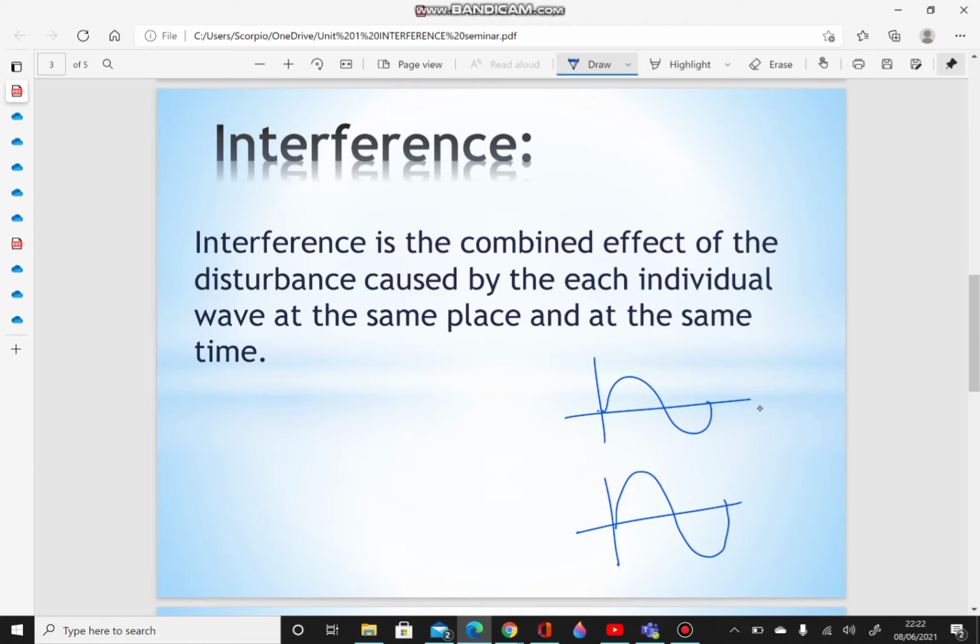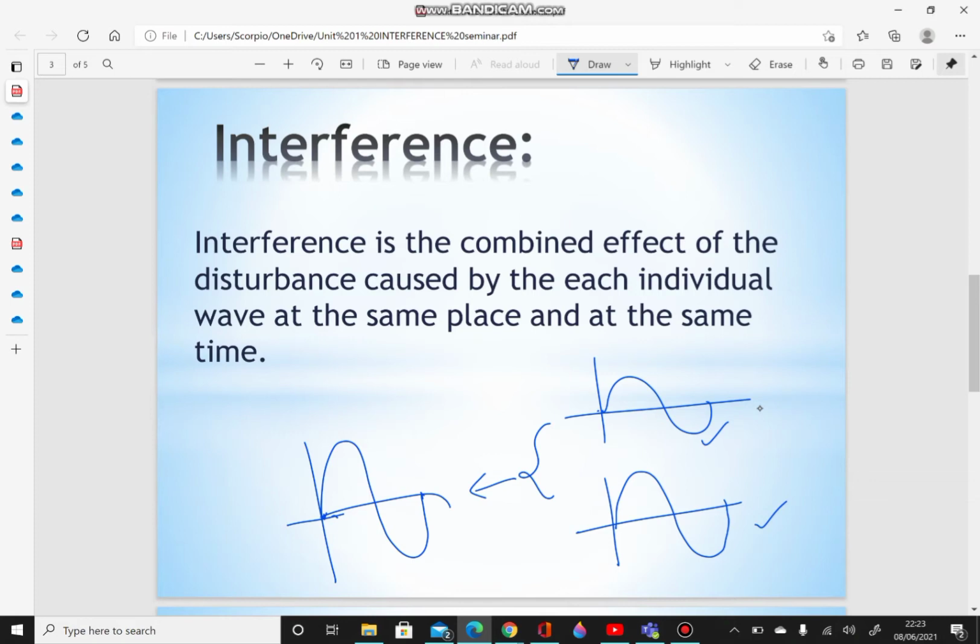So what is the interference phenomenon here? Interference is nothing but disturbance caused by the combining of two waveforms when they come close to each other. Because these two waveforms undergo interference, they will result in a completely new waveform formed from these two.